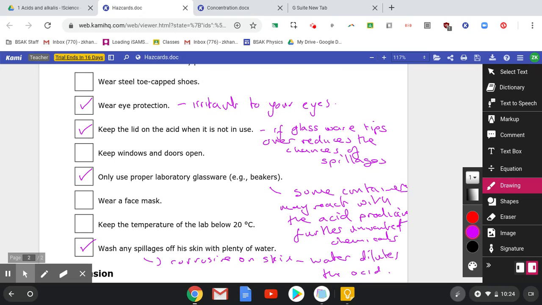So I have ticked wearing eye protection, as we do in the majority of our experiments with chemicals. There's a bottle. Most acid bottles will have a lid, so we've got to keep the lid on. Use proper glassware.